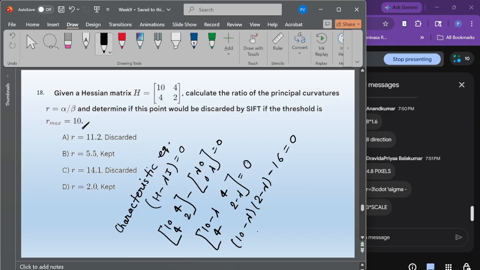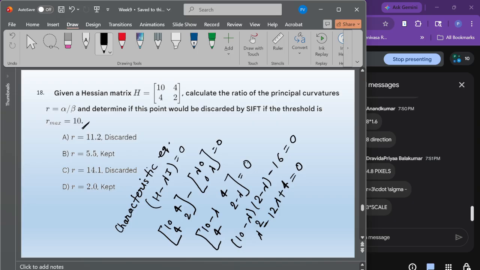Now just make an equation. So lambda square minus 12 lambda plus 4. Overall, if you just calculate it, you will get this equation. Now for that, we calculate the eigenvalues and then find out the maximum and minimum values, right?